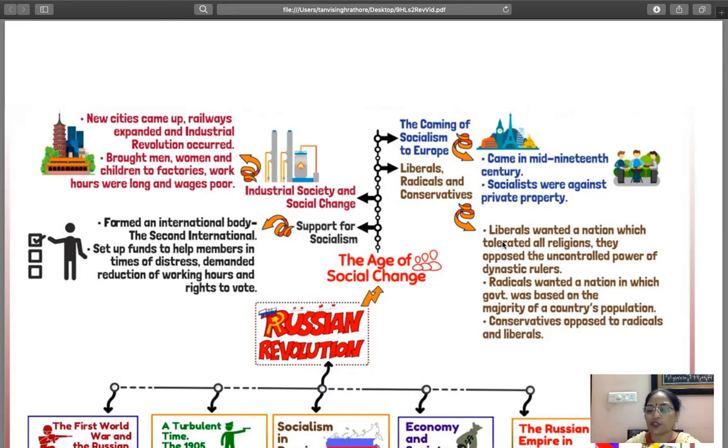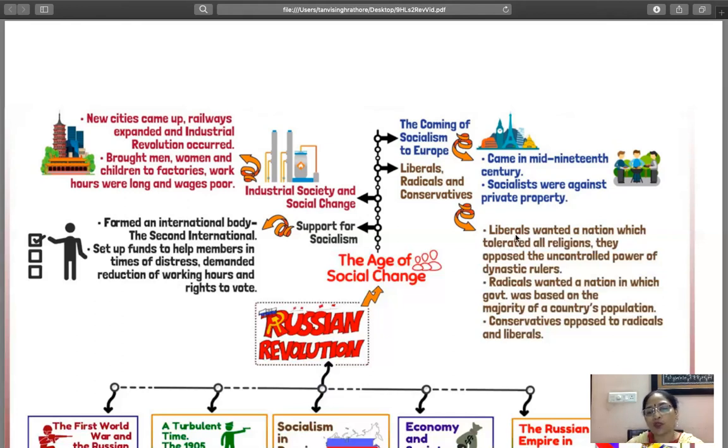There were religions like the Greek Orthodox Church, the Catholics, Roman Orthodox Church, then even Muslims and Buddhists, and Protestants within Christianity. Catholics and Protestants are two sects among Christianity.